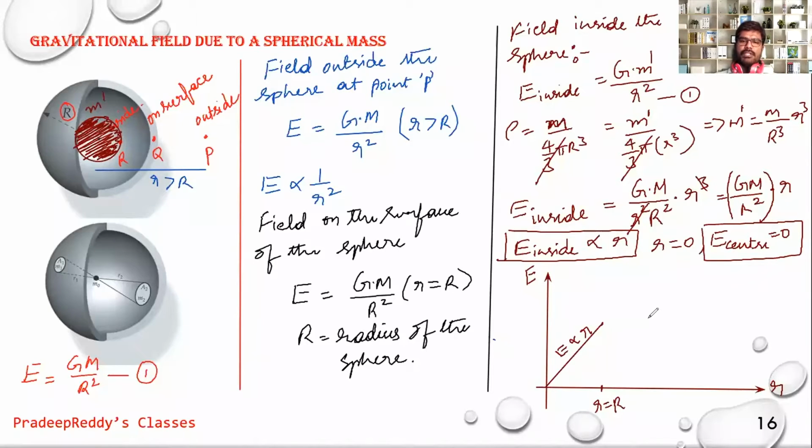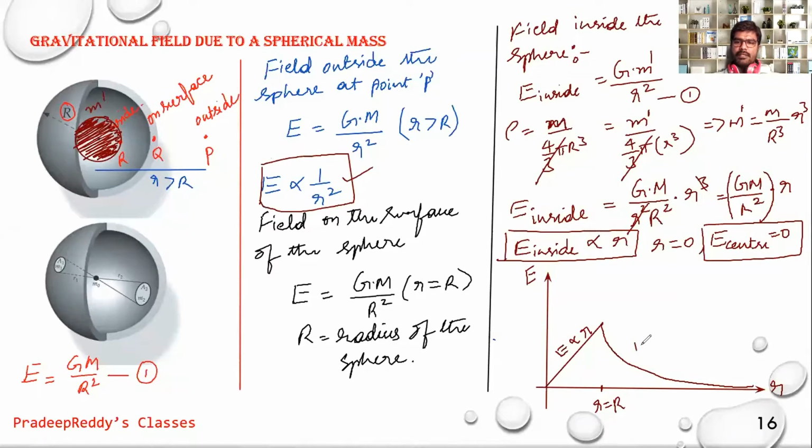And beyond this position, if you are still coming out from the radius of the sphere, the gravitational field decreases, as we have calculated from this equation. Therefore, you can write E is inversely proportional to r. So gradually gravitational field value decreases, and at infinite distance it tends to become 0.